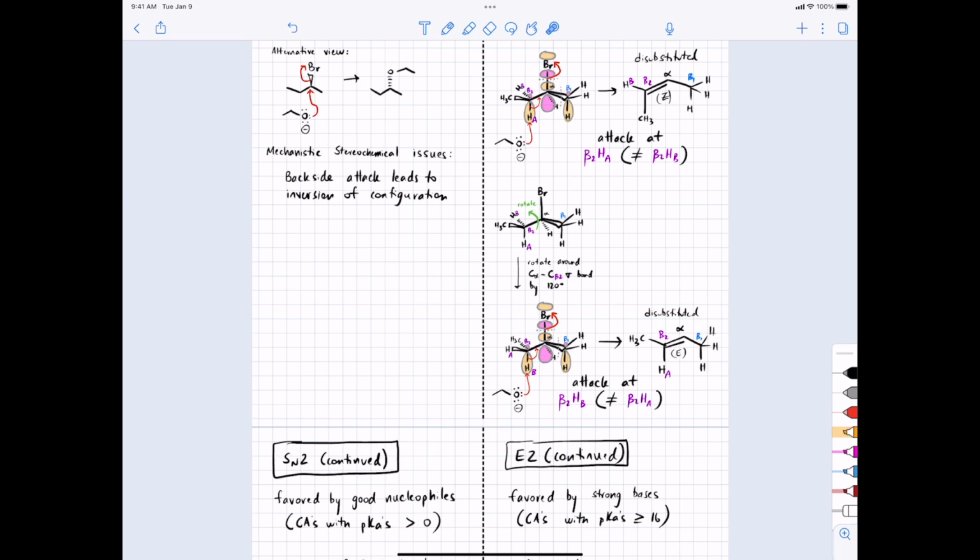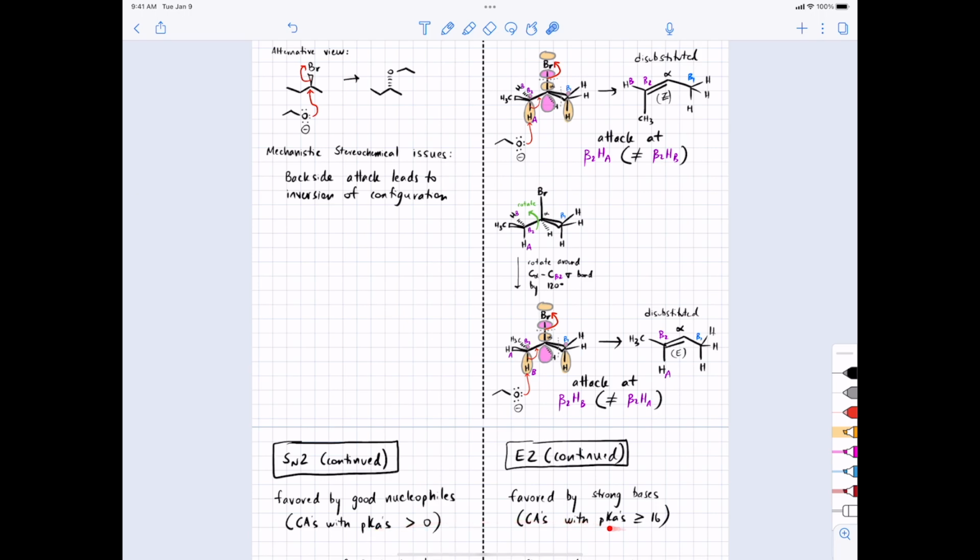So this would not include water or alcohols, but it would include things like carboxylates, thiolates, amines, alkoxides, and so on. In contrast, E2 is favored by things that are strong bases, and these are generally molecules whose conjugate acids have pKa's greater than or equal to 16. So you're thinking about alkoxides and hydroxide, deprotonated alkynes, and so on.